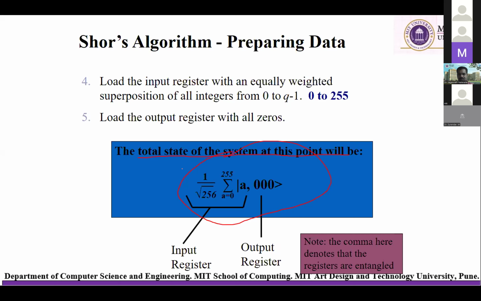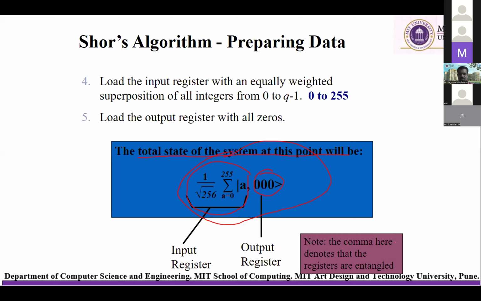So this is the formula of that particular function. 1 by square root of q means 1 by square root of 256, then a from 0 to 255, a comma 0. The first part is the input register, and this is the output register.